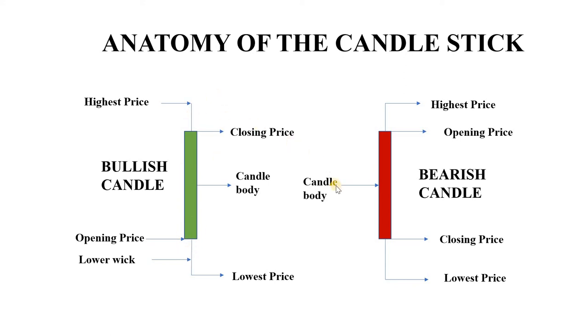So this is what you must take note of, and that is the parts of the candlestick, which is the anatomy of the candlestick. Your ability to read and understand these candlestick parts will go a long way to help you interpret the movement of price in a particular market.